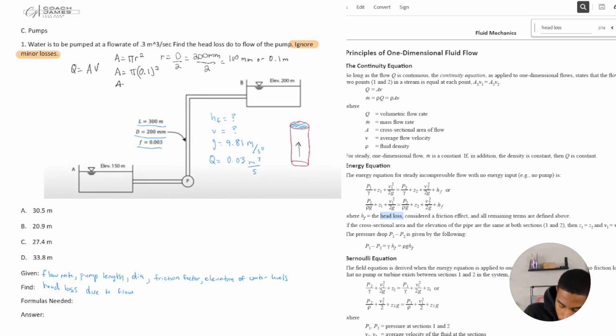So A is going to equal 0.0314 meters squared. All right, so Q is equal to A times V now. So Q, which is 0.3 meters cubed per second, is equal to 0.0314 meters squared times V. Do you see why we wanted our stuff in meters?